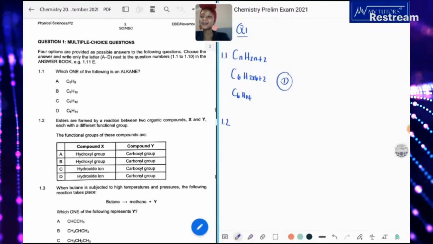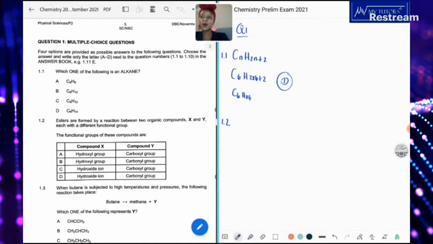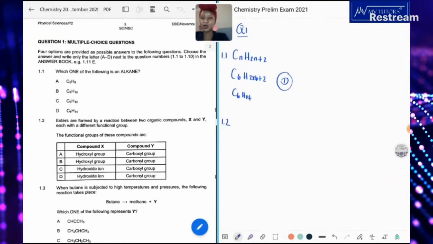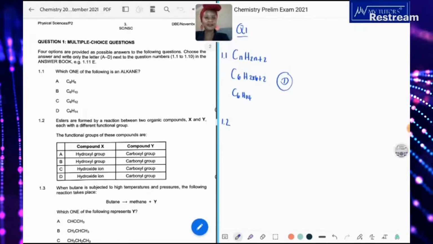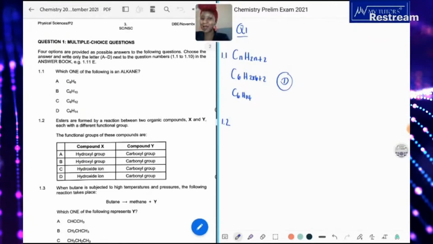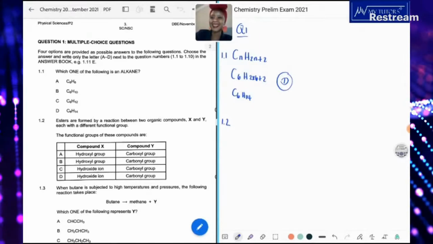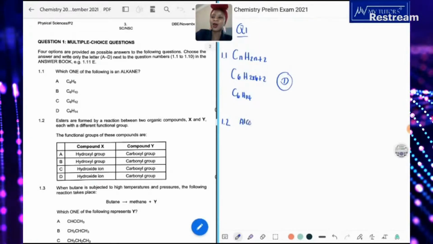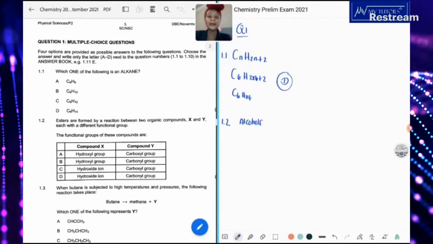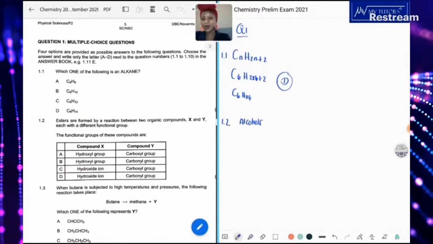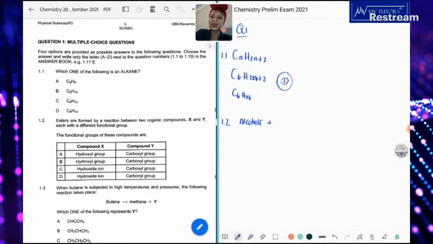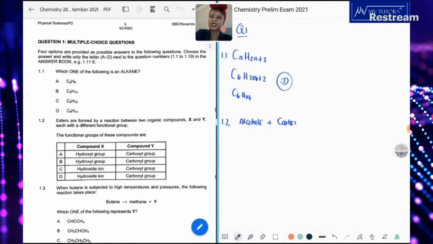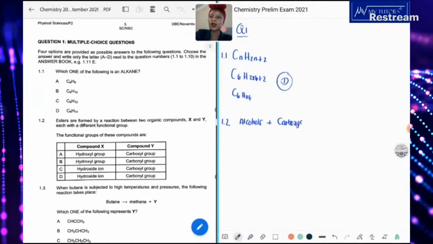Then 1.2: esters are formed by a reaction between 2 organic compounds, X and Y, each with a different functional group. Do you know what they are? Basically we have our alcohols. When you name an ester, you first start with the alcohol, and then you name it according to the carboxylic acid. So those are the 2 functional groups.